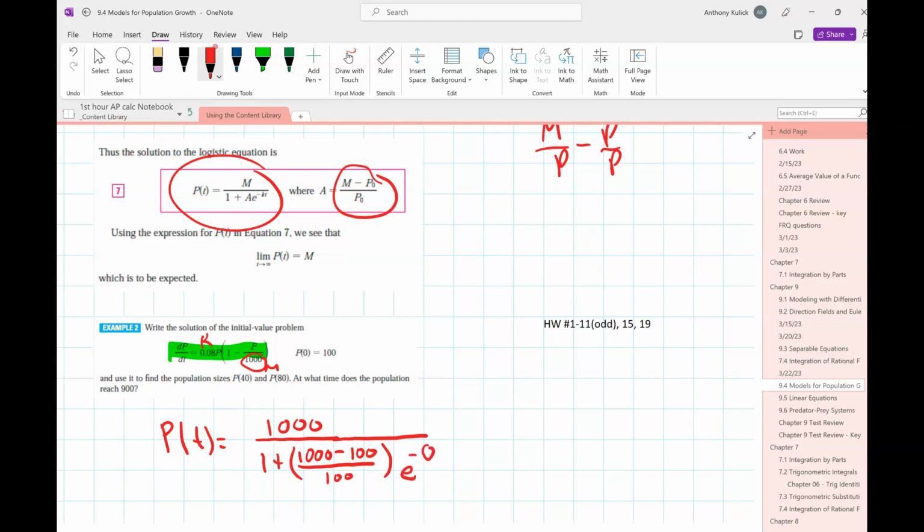And then my k is that. So that's my function.